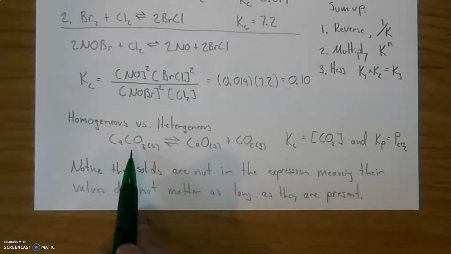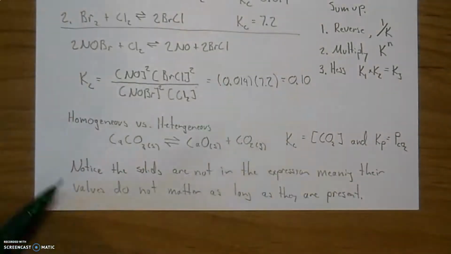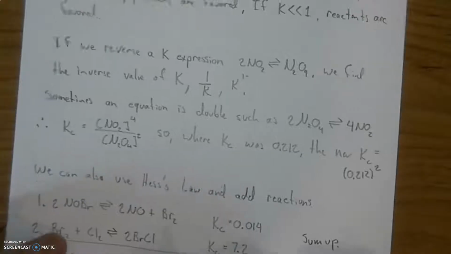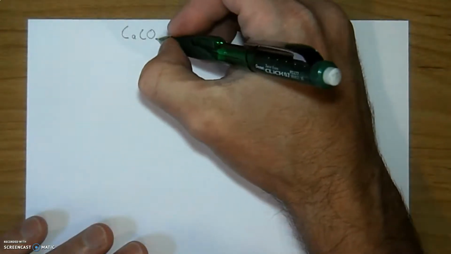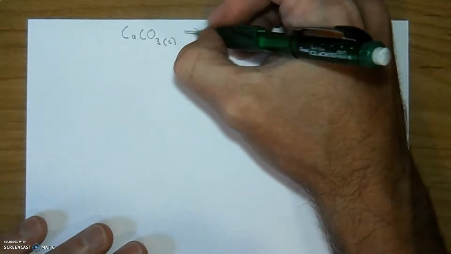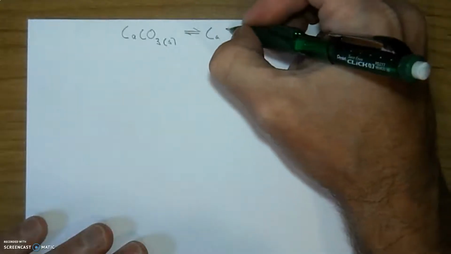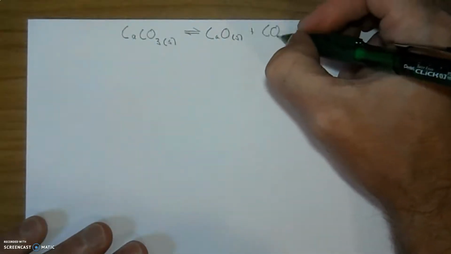Okay, let's do a little example kind of problem in looking at this. So we'll rewrite that expression up here at the top, and we will say calcium carbonate solid forming calcium oxide solid and carbon dioxide.